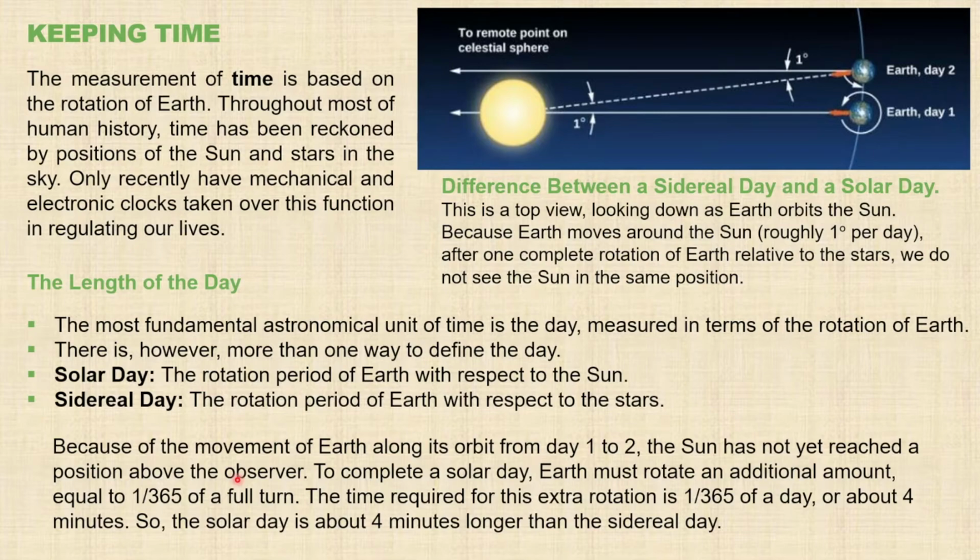Think of you living 200 years ago when you don't have your phones, your calendar, your watch. How do you keep track of a day? Now we have all the mechanical clocks and watches, but it started back then.